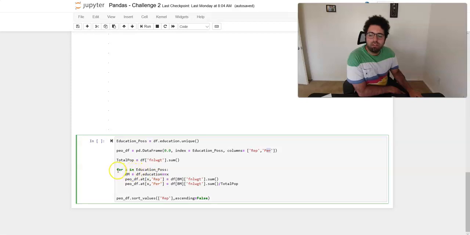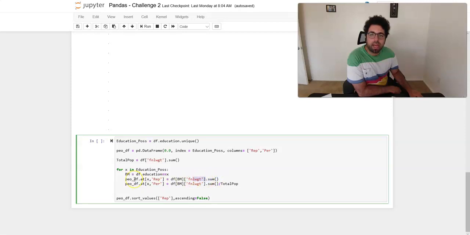As we go through the loop, we create the Boolean mask by saying I want to keep only the rows that have that specific education, and use that Boolean mask to filter those people out and do a summation based on their numbers.